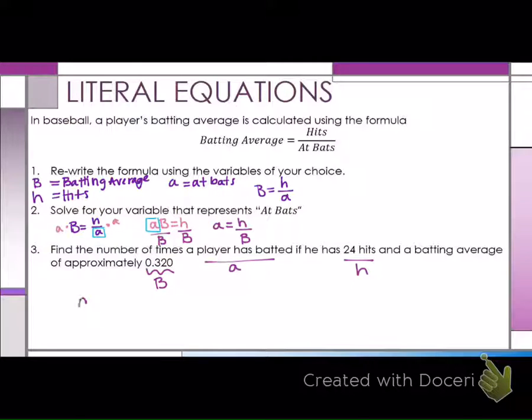So we are finding A, and we're going to use A equals H over B because A is already solved for. For us, H is 24, and the batting average is .32. So go ahead and do 24 divided by 0.320.